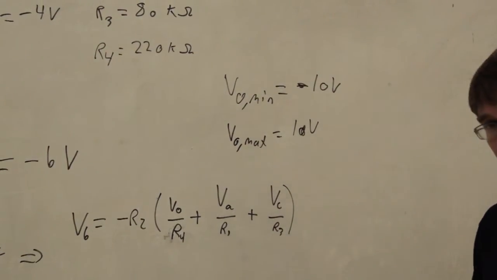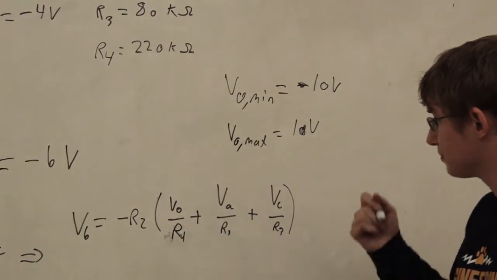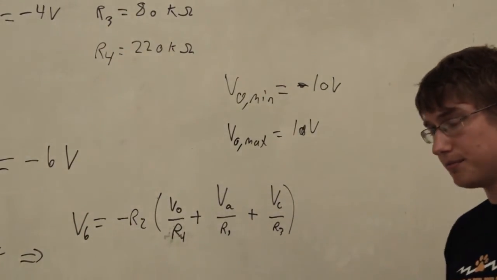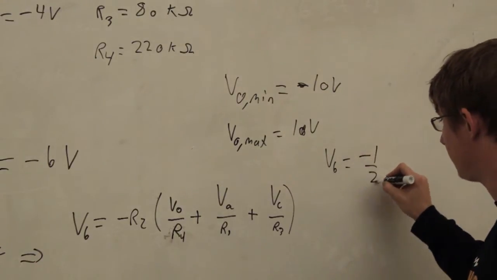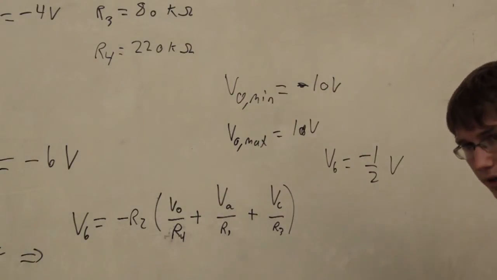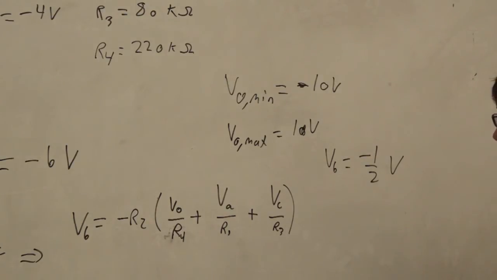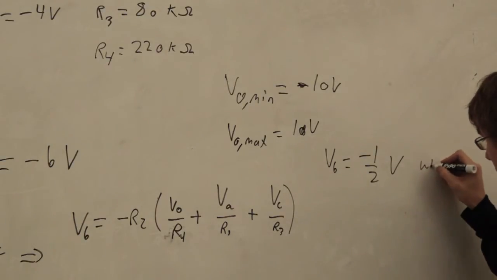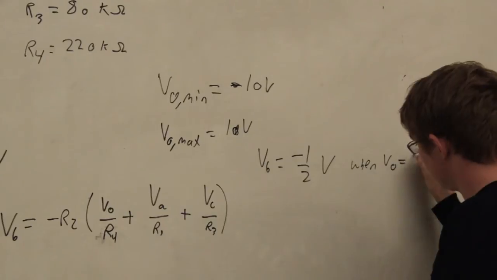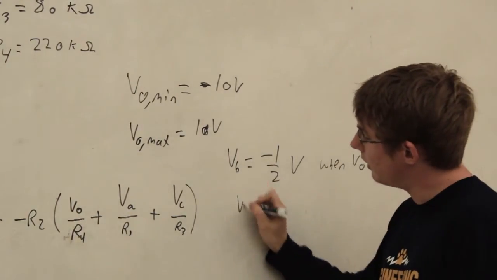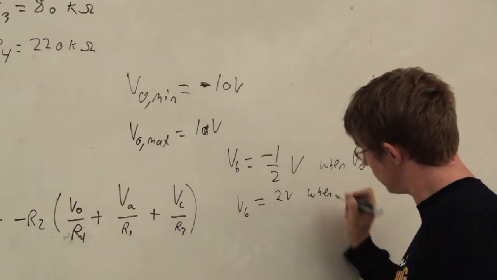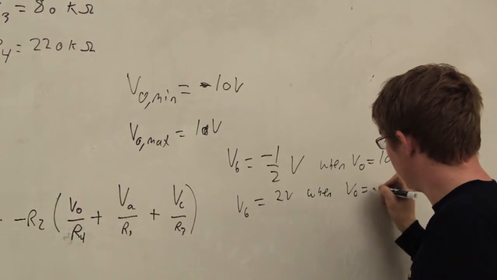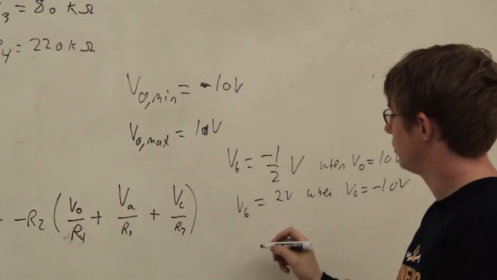If V0 is 10 volts, we get VB is negative 1/2 volts, so negative half a volt when V0 equals 10 volts, and VB is 2 volts when V0 is negative 10 volts.